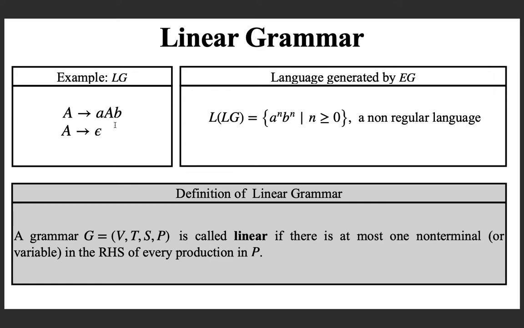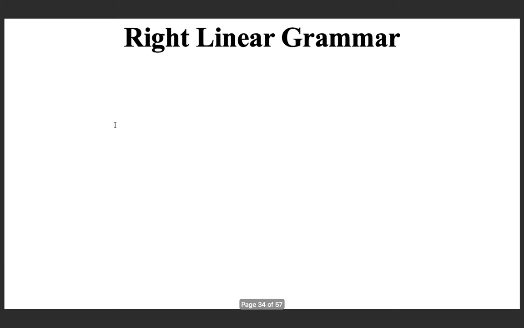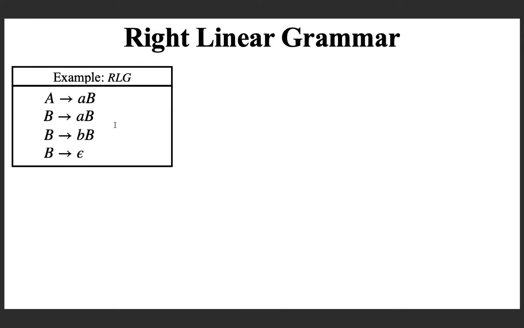Okay. Now we can proceed and define what is called a right linear grammar. So it is a special kind of a linear grammar. It is linear but satisfying more conditions. Example is here, and here you can see that it is linear because in every production the RHS contains at most one variable.